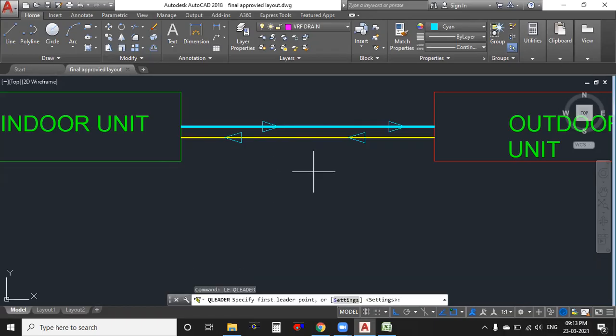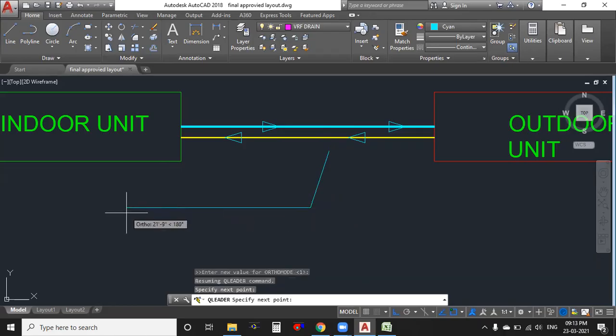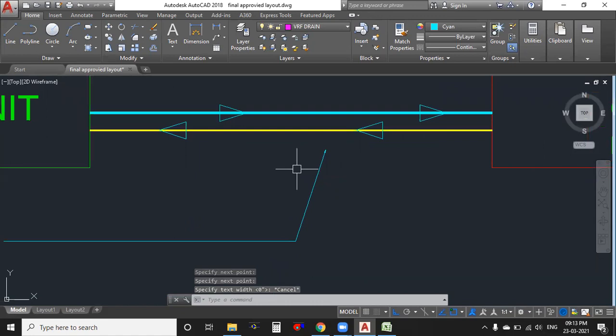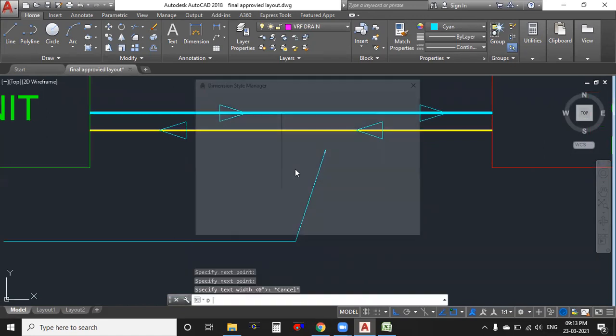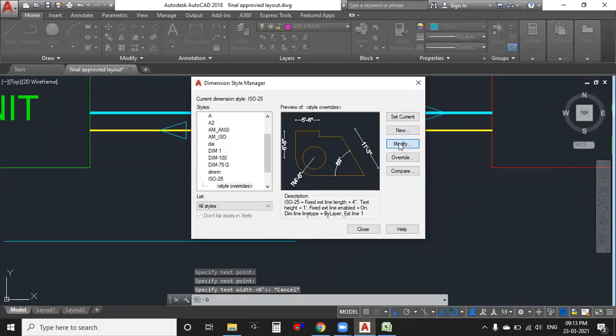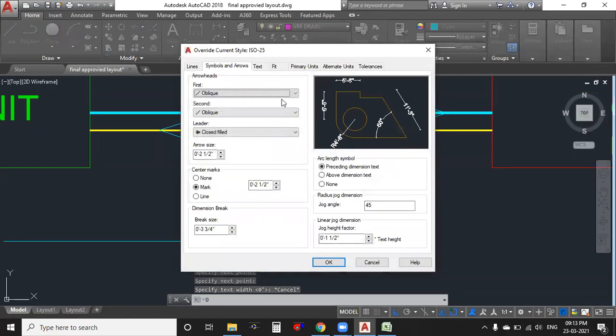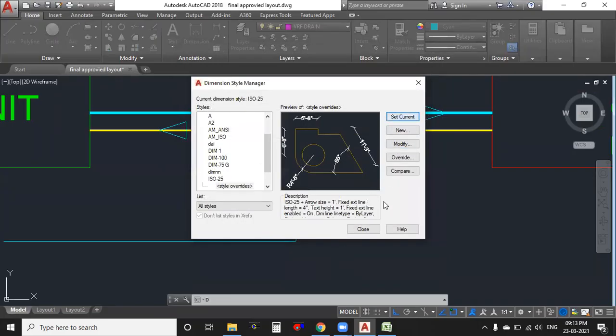So I'll give it here. The arrow symbol is not visible here. D, enter, dimension, modify, go to symbols and arrows. I have selected one feet, so this is in the feet layout.